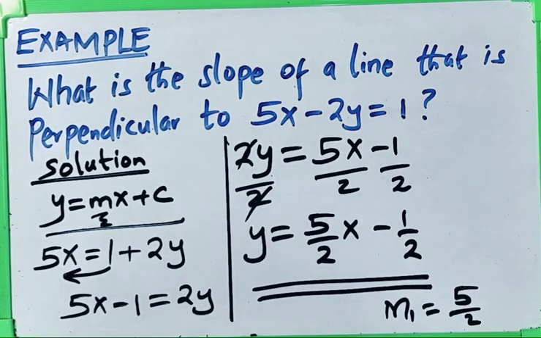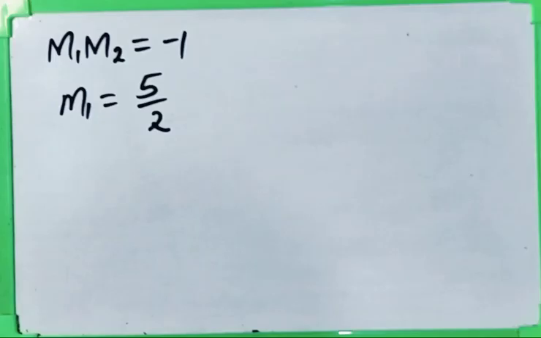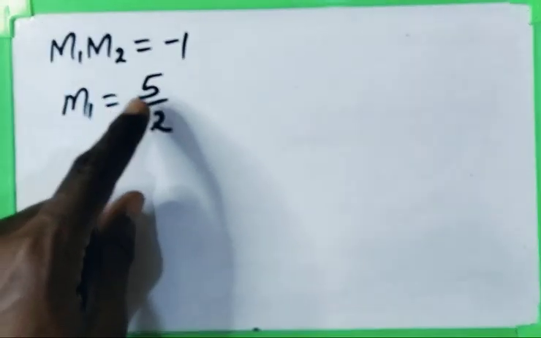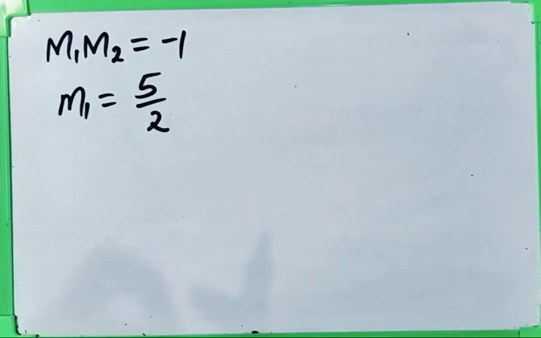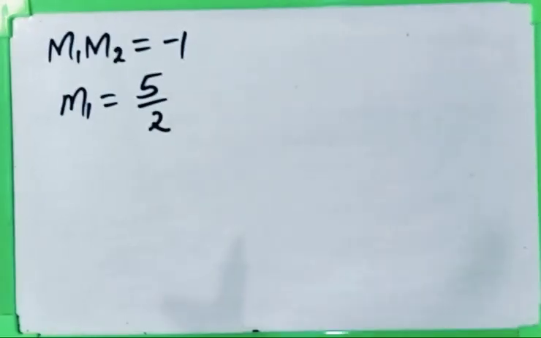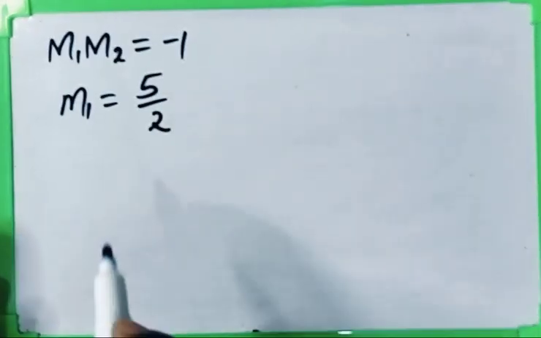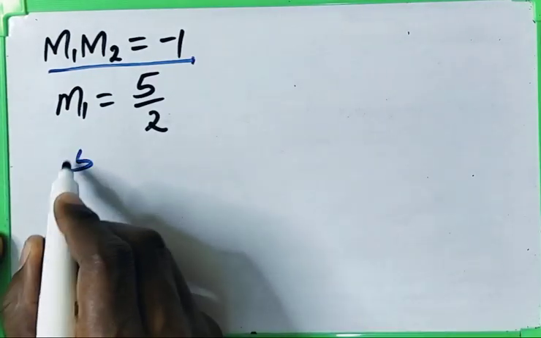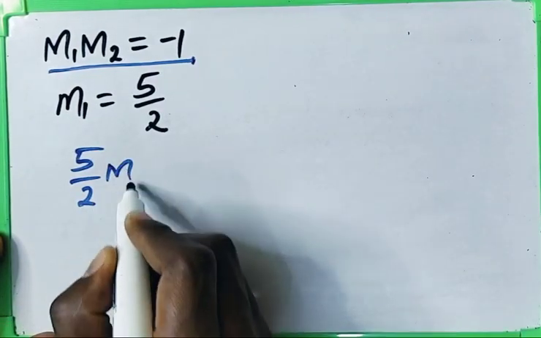Let us look for the slope of the second line that is perpendicular to this one, without forgetting that the slope for the first line, m1, is 5 over 2. We are looking for the slope for the second line. That means m1 times m2 is negative 1. m1 is 5 over 2, multiplied by m2 gives us negative 1.